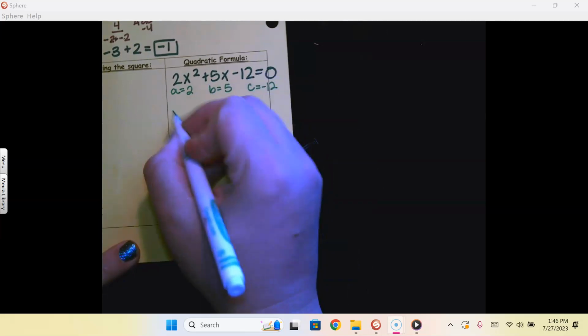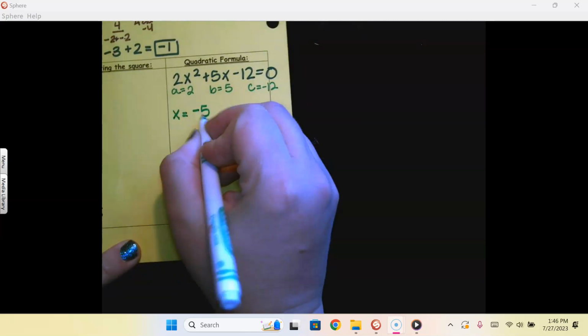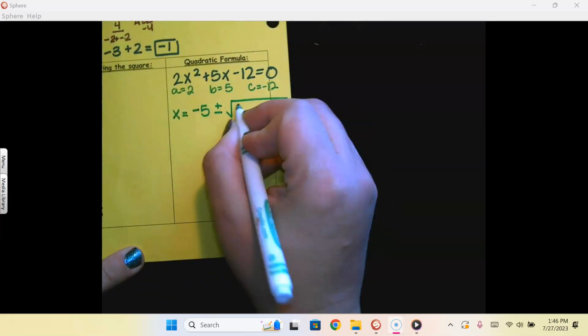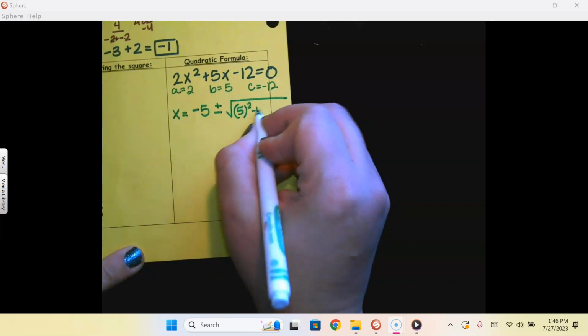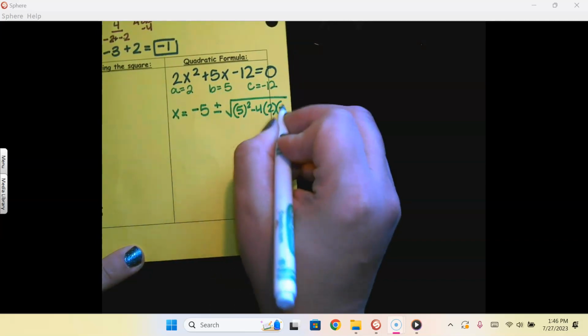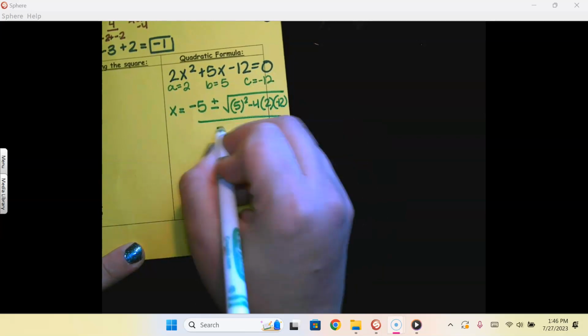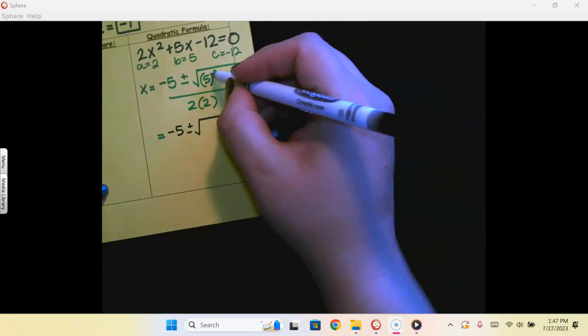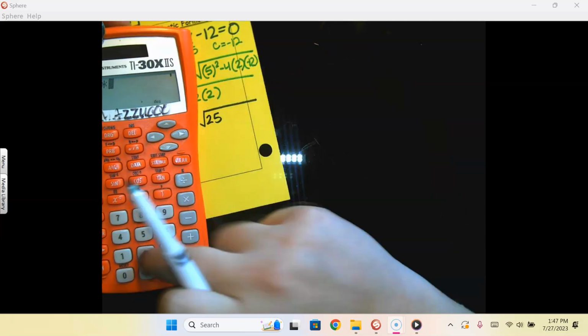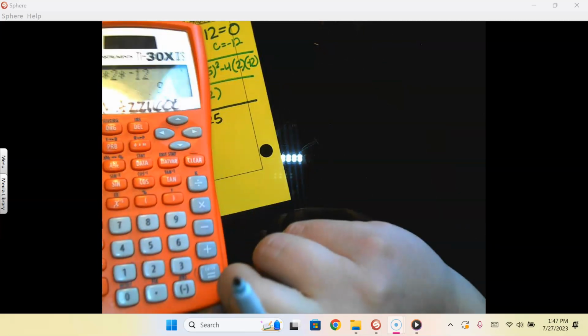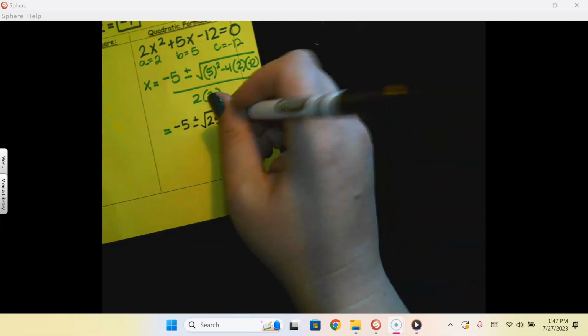So we would have negative b plus or minus the square root of b squared minus 4ac, all over 2a. So we have 5 squared is 25, and then here we're entering that in as negative 4 times 2 times negative 12, and that is a positive 96.